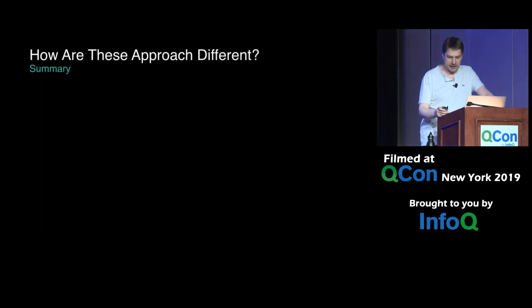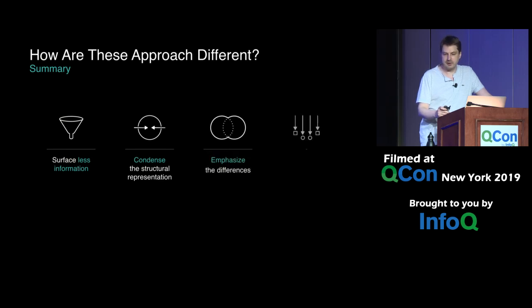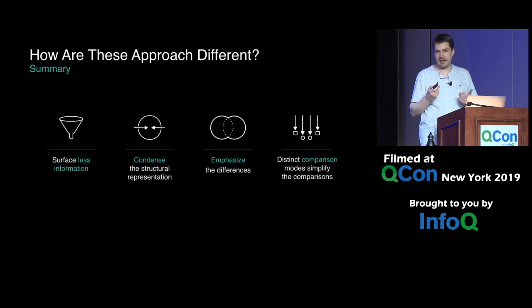To summarize, how are these approaches different from just a single trace? First, it surfaces a lot less information about the trace. We condense that information, and that allows us to comprehend the complex structure of a trace much better.